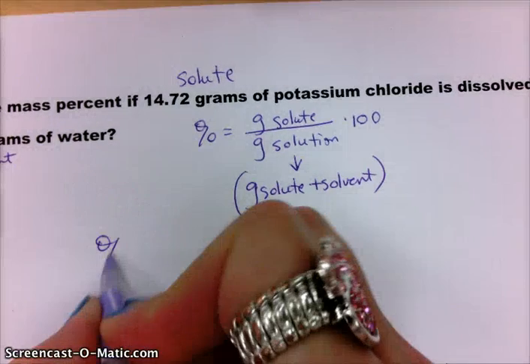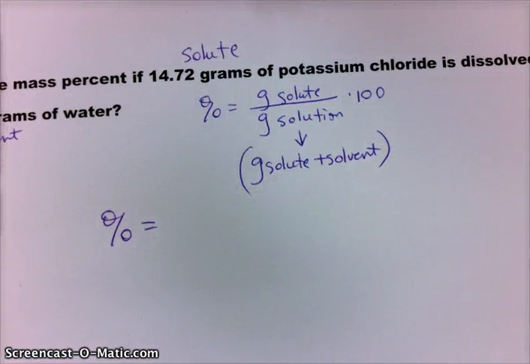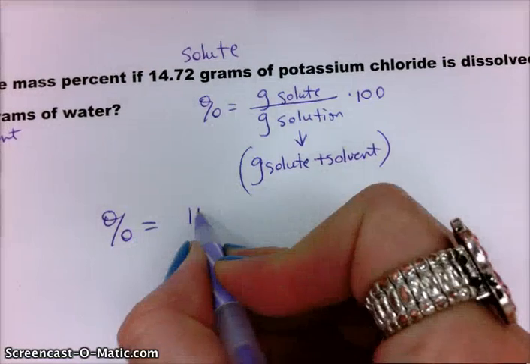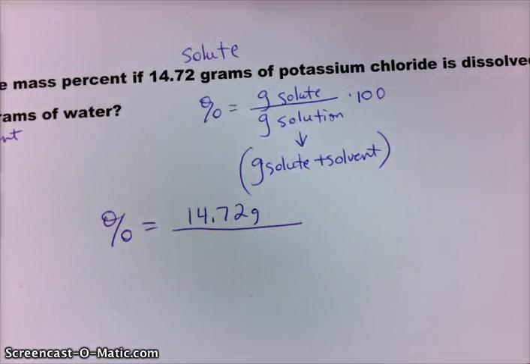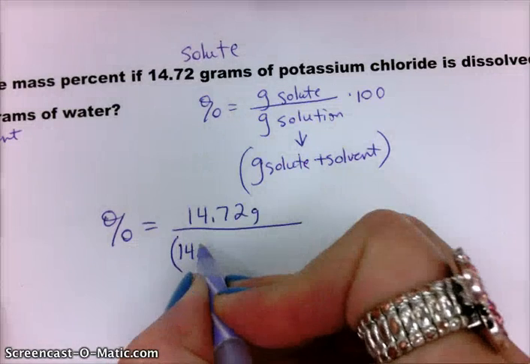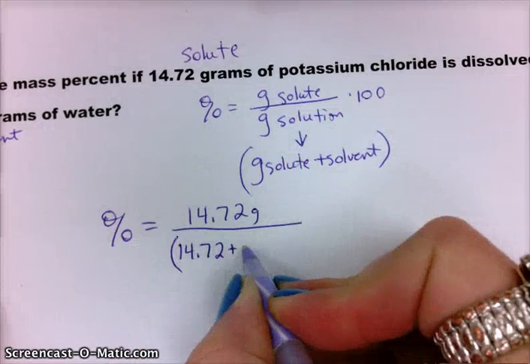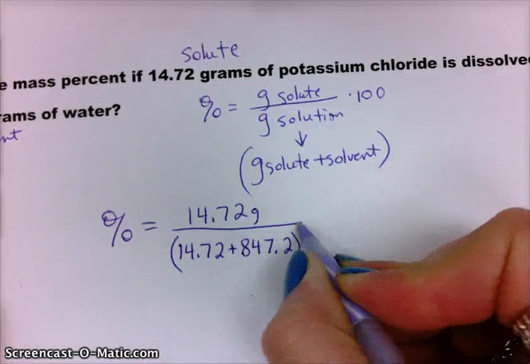All right, so our percent equals grams of our solute, that is 14.72 grams, over grams of the solution. The solution is the solute plus the solvent. So we have 14.72 plus 847.2 grams.